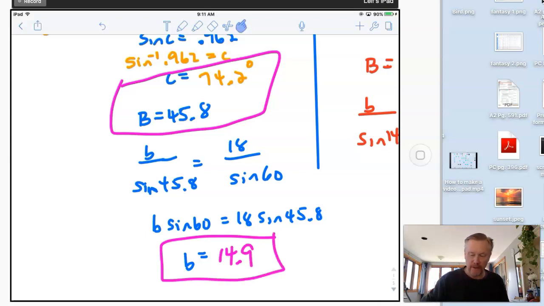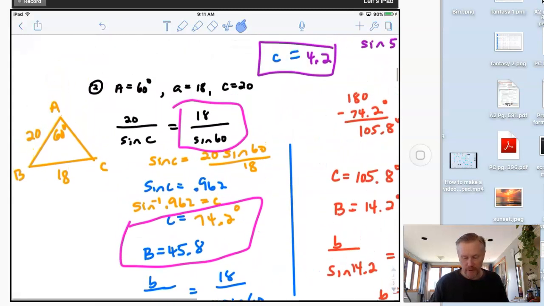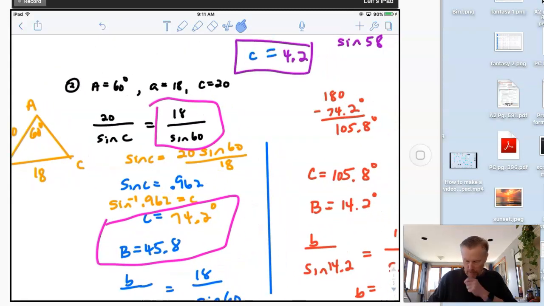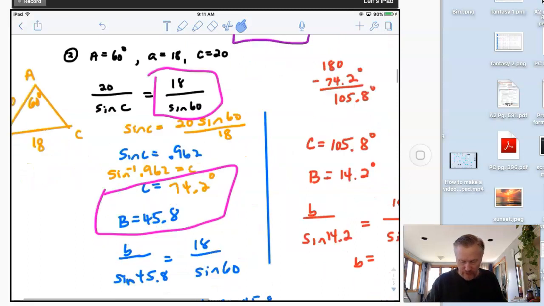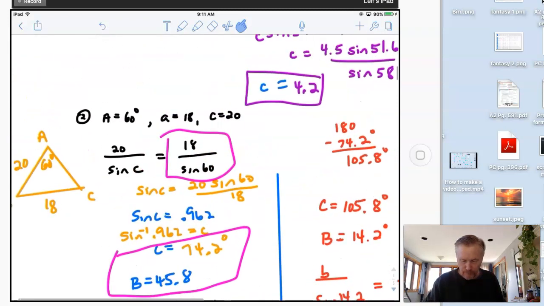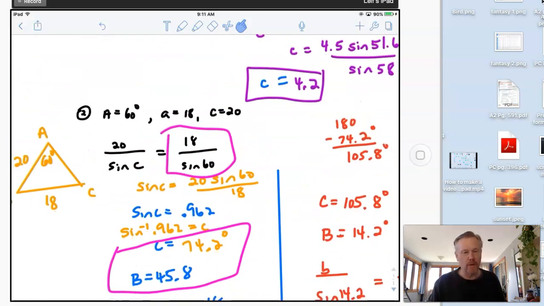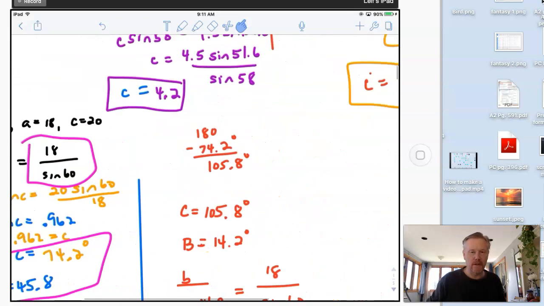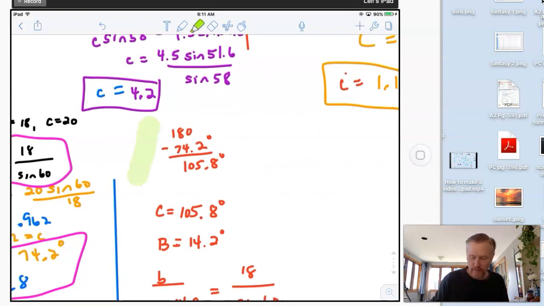Okay, now back to the second part, right? We know there's two triangles here, so angle C could be 74.2, or if I take 180 degrees and subtract the 74.2, I get the obtuse angle that it could be, which is 105.8 degrees, okay?